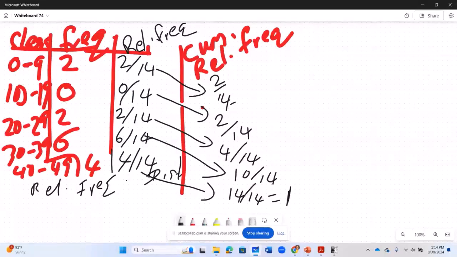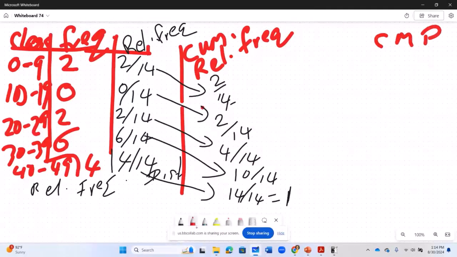All right, so the next thing I want to show you now is how to find what is called class midpoint. Whenever you group a class or data, you must know how to find the class midpoint of that data.